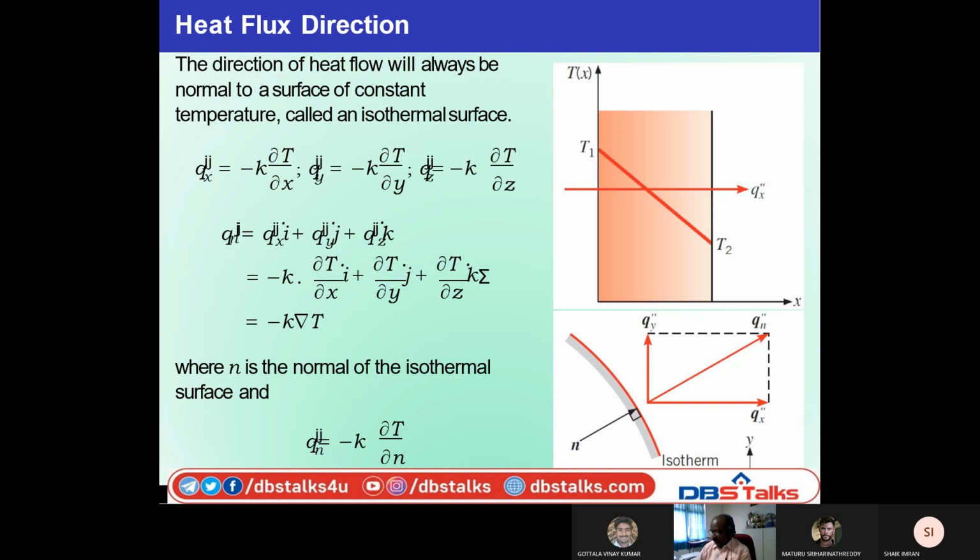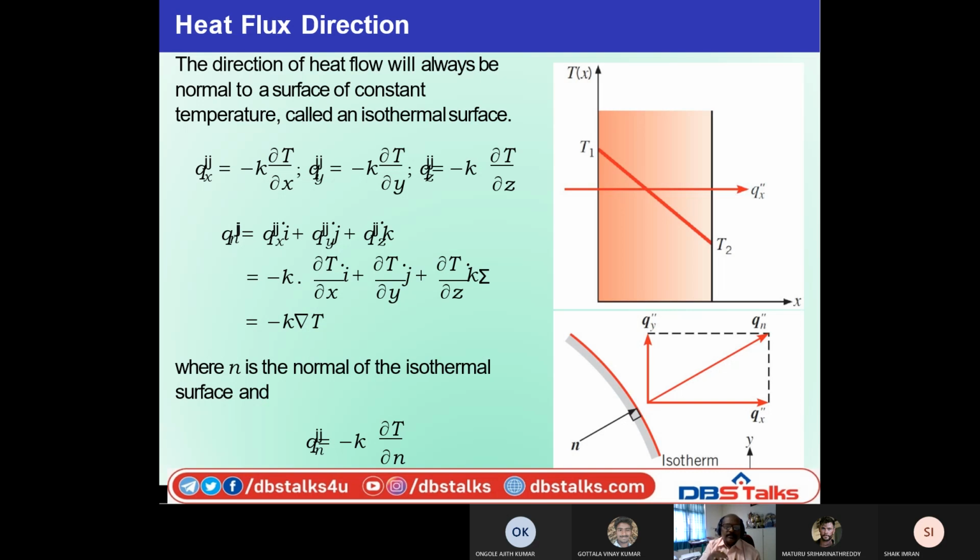Dou T by dou n is the temperature gradient in the normal direction. And here, n means normal. What normal means is, if there is a direction of heat flow and some surface, there will be a constant temperature.